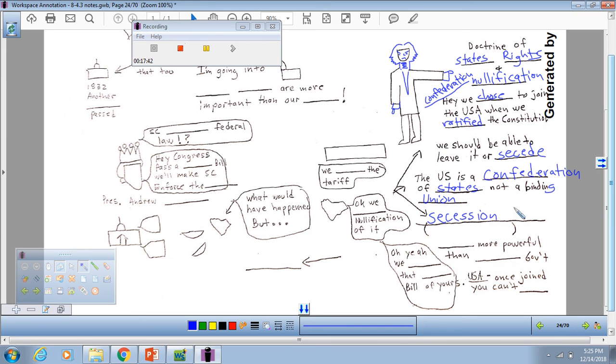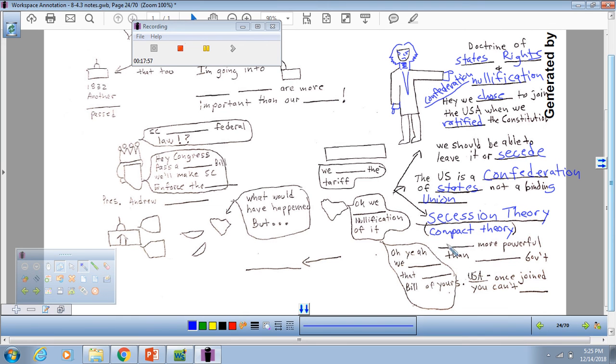This idea that you should be able to leave the United States is called secession theory. It's actually recently been brought up in 2018. Now, this is also called the compact theory because a compact is an agreement between people, and basically he's saying that the states agreed to be part of the Union.